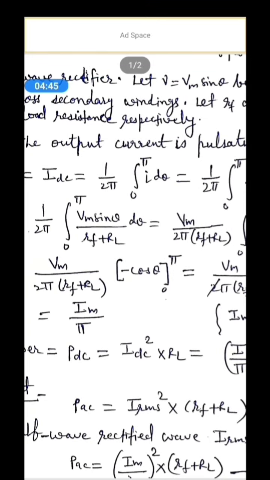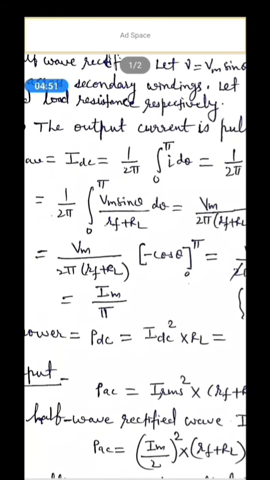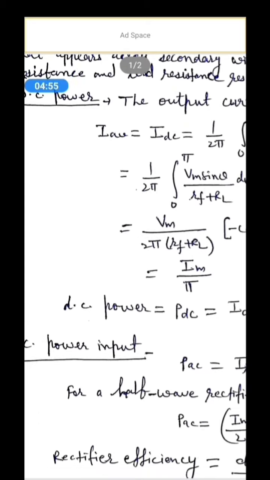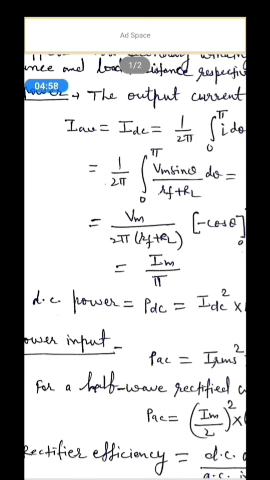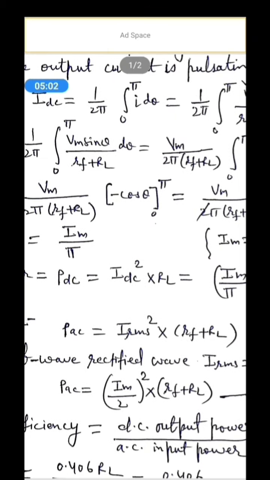Here Im is equal to Vm upon RF plus capital RL. So finally IDC is equal to Im upon pi, and DC power PDC is equal to IDC square into RL.